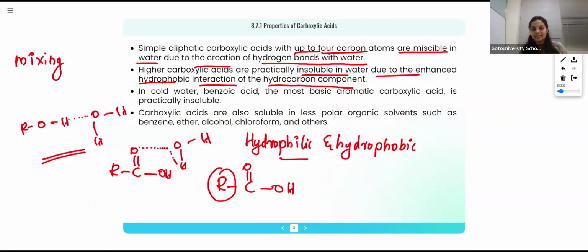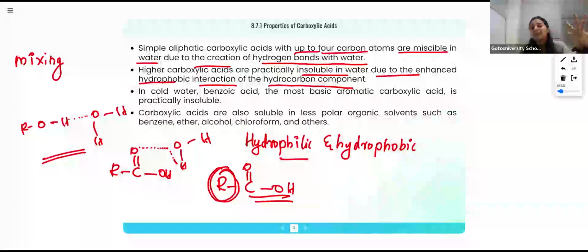That is hydrophobic nature. Because when the number of carbon atoms is increasing, the chain length is increasing. The COOH group is still remaining the same, since all the acids contain only one carboxylic acid group. But this R group will change, right? The R group will have more than 4 carbons, maybe 5, 6, 7, 8, any number of carbon atoms in the hydrocarbon part.